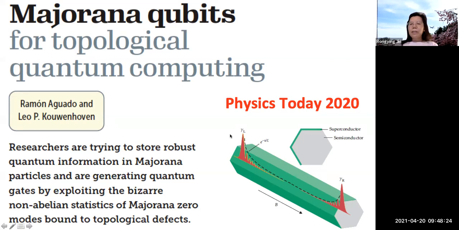Since they are naturally entangled, you can generate all possible states in between, or phases if you wish. As the abstract shows here, researchers are trying to store robust quantum information in Majorana particles and are generating quantum gates by exploiting the bizarre non-abelian statistics of Majorana zero modes bound to topological defects.